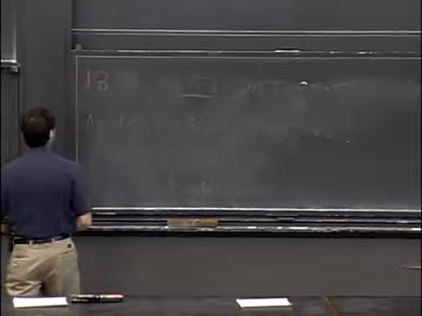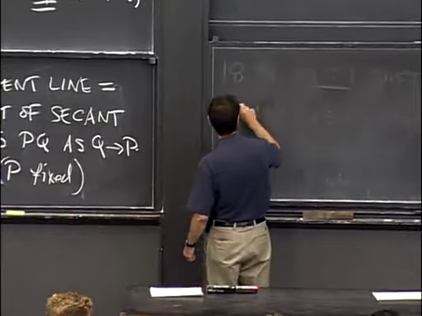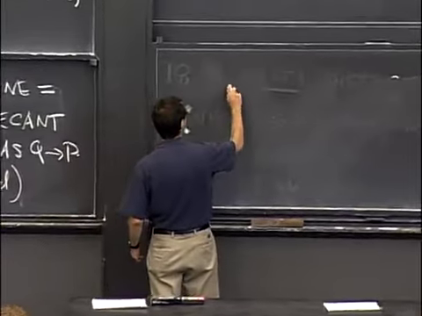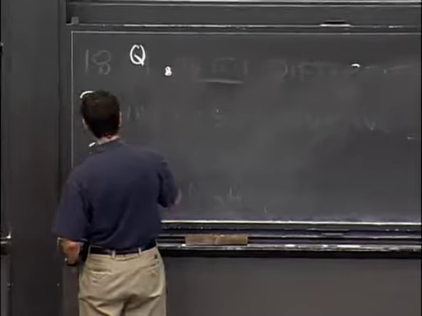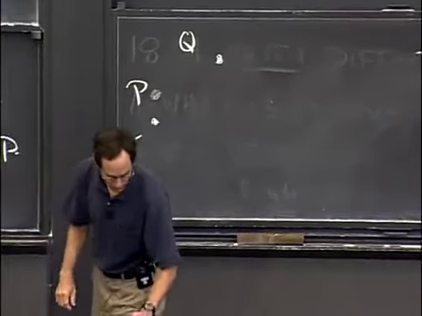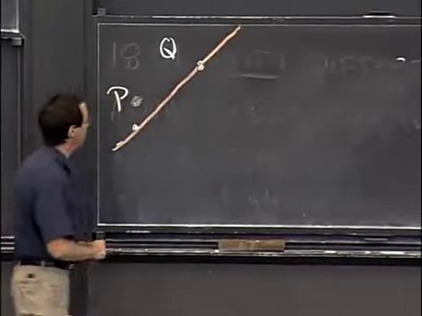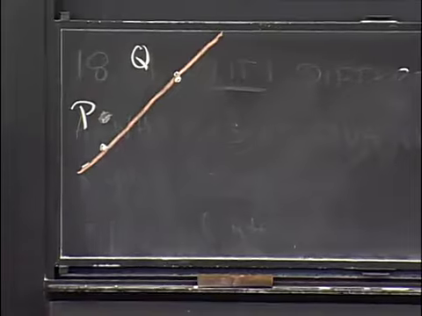So first of all, I'm going to write out these points P and Q again. So maybe we'll put P here and Q here. And I'm thinking of this line through them. I guess it was orange, so we'll leave it as orange. All right. And now I want to compute its slope.